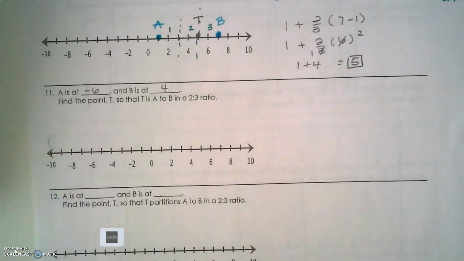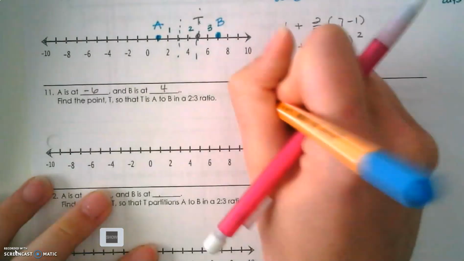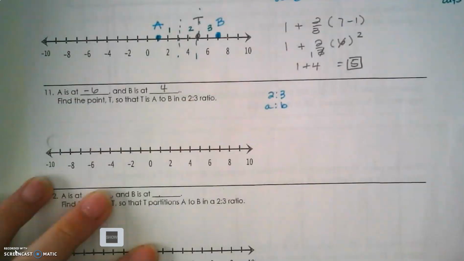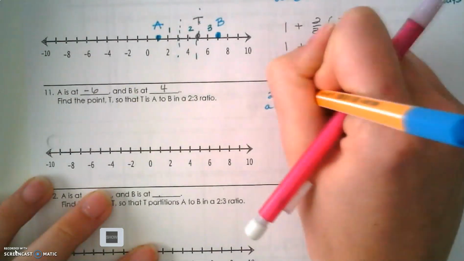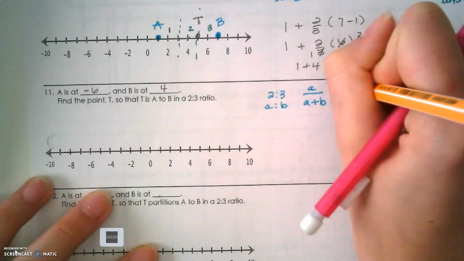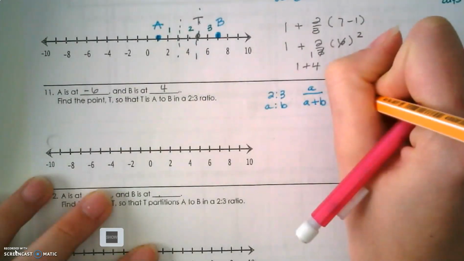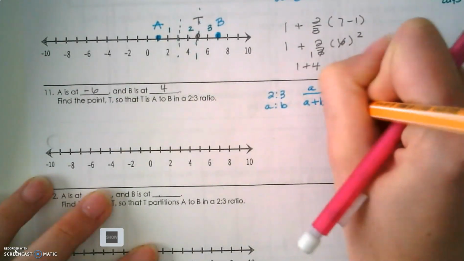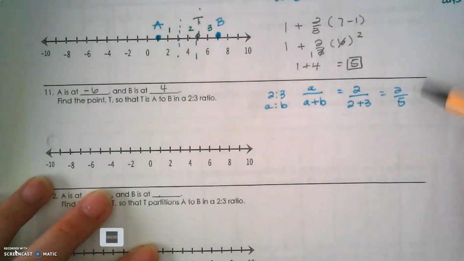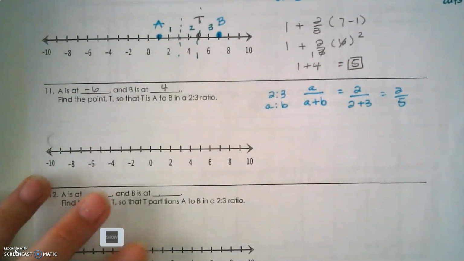So again, we have a ratio of 2 to 3. So that's little a to little b. So that ratio a over a plus b is equal to 2 over 2 plus 3. So that's 2/5. So that's the second cut out of 5 total cuts.